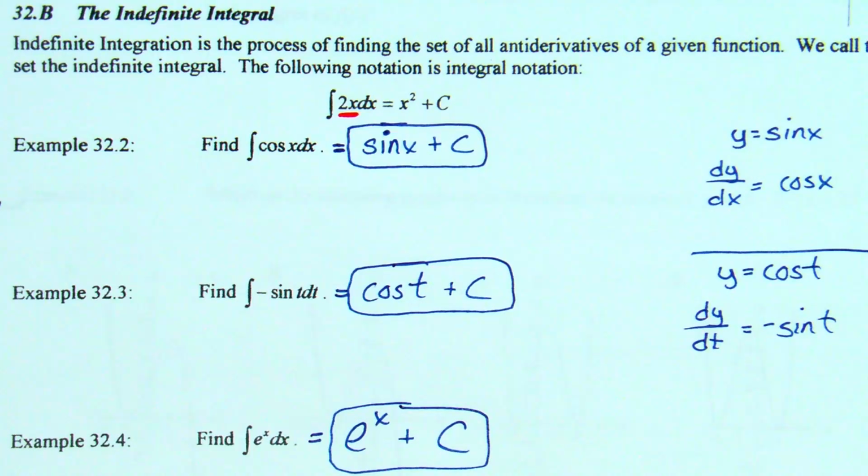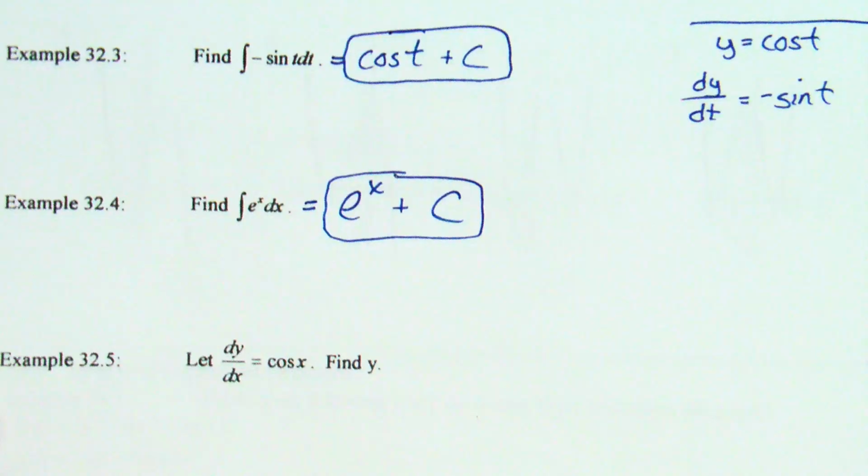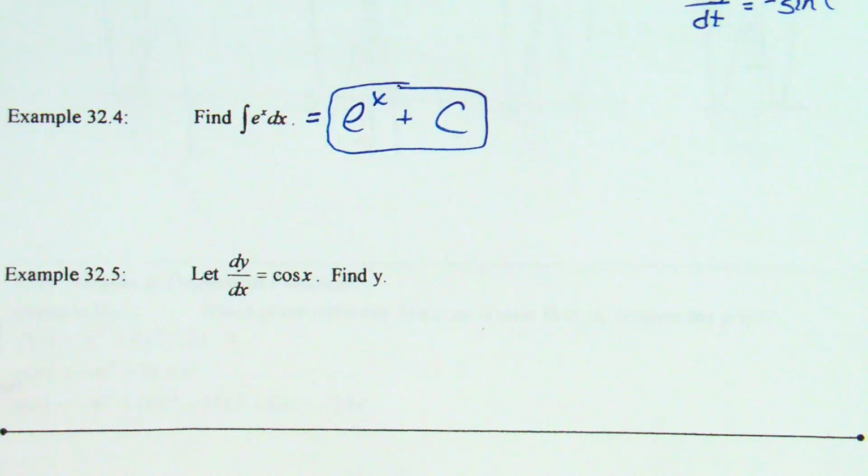And lastly, example 5. Let dy dx equal cosine x. Find y. What are they asking me to find? What is dy dx?